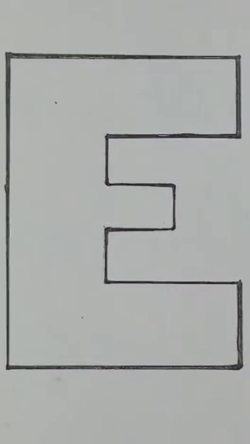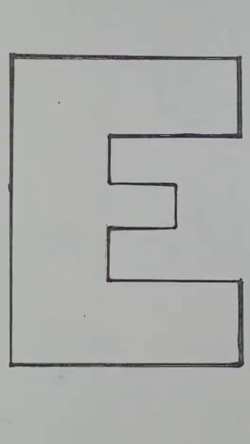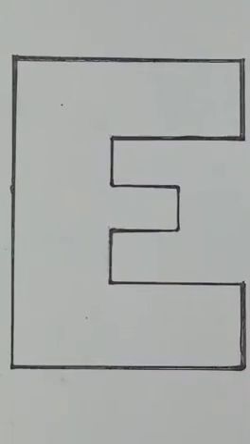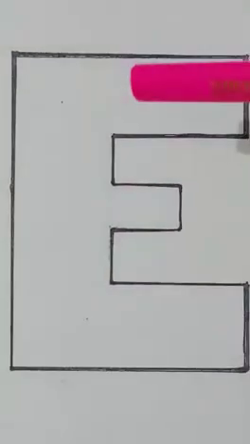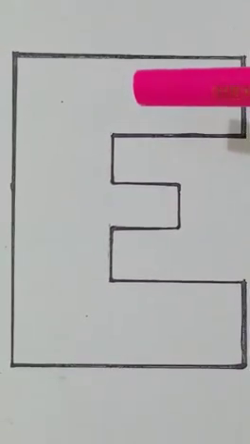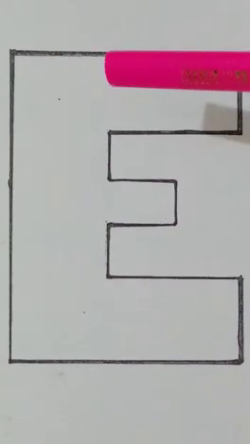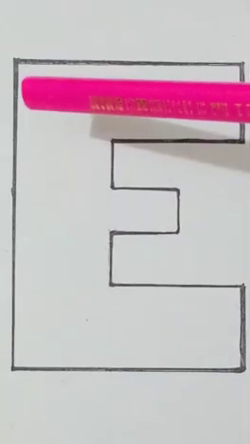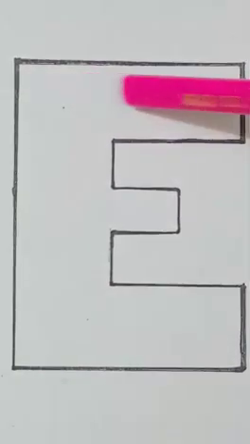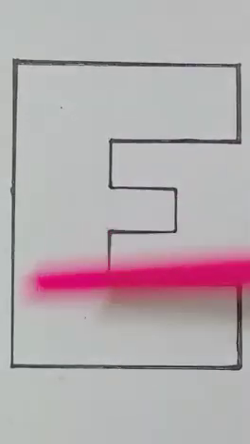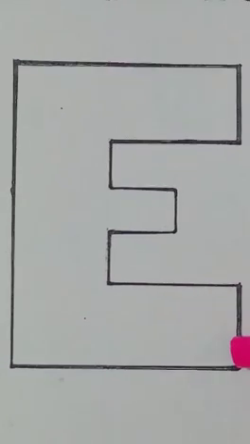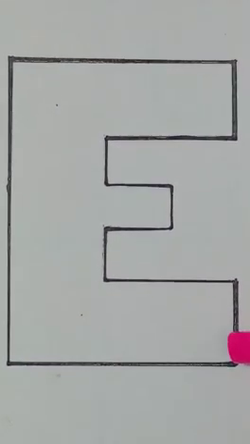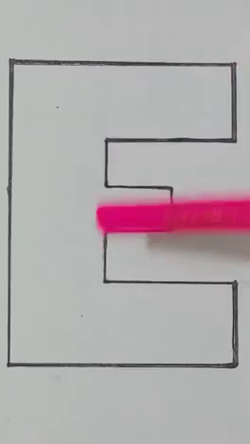So kids, first of all, I will focus on its appearance and formation. Let's talk about its appearance. How does it look? You can see here basically 1, 2, and 3 horizontal lines.